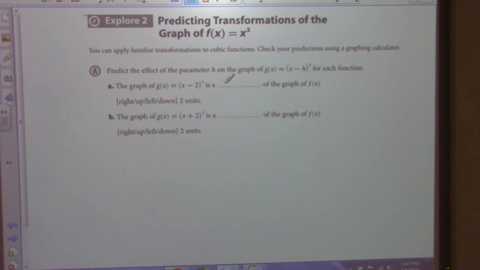Okay, somebody besides Gabby, what is this going to be? Is a translation of the graph of f of x right, up, left, or down 2 units.